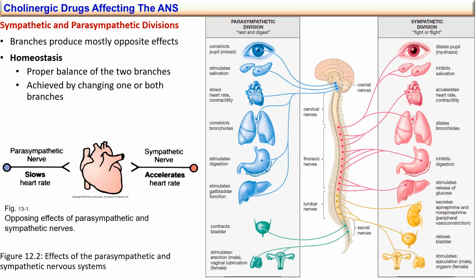The first one is to regulate the heart. The second function is to regulate secretory glands like the salivary glands, gastric glands, sweat glands, and bronchial glands, which produce the secretions in the bronchial tree of the lungs.